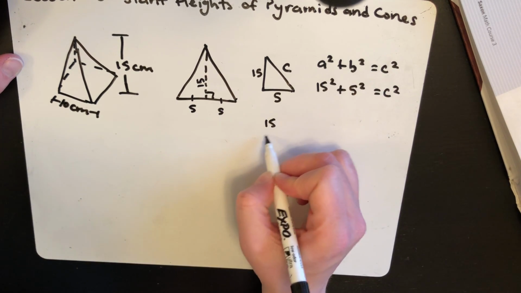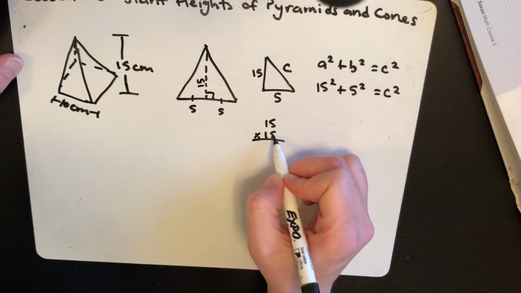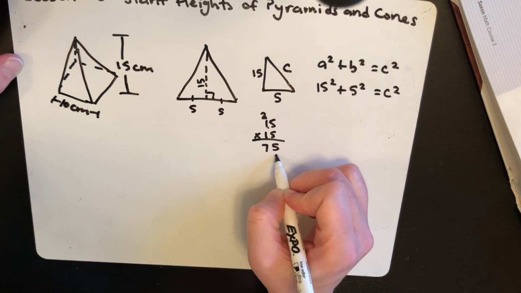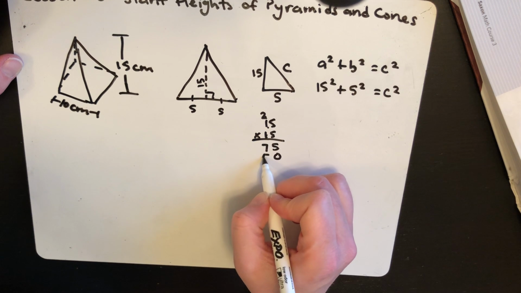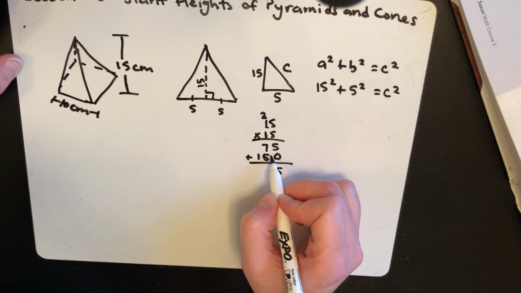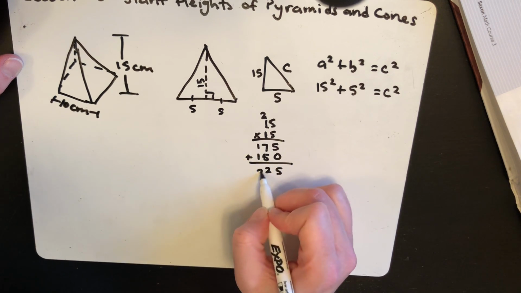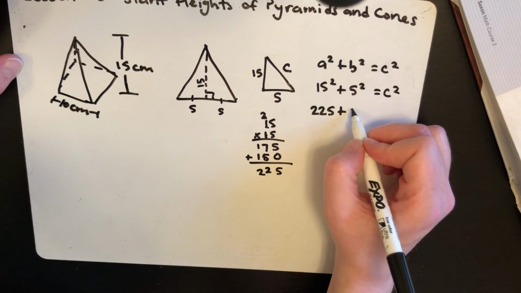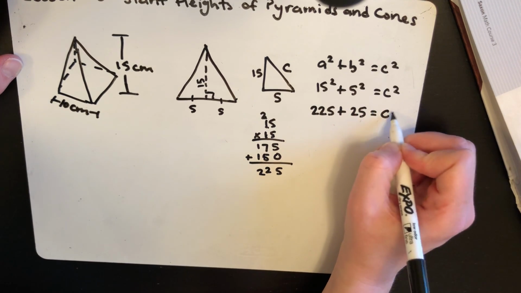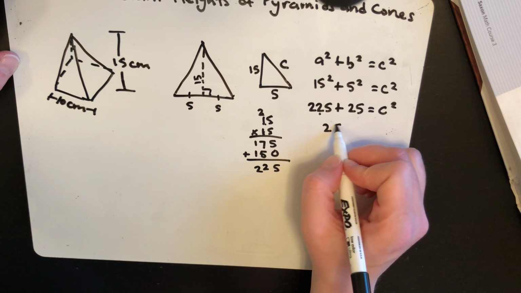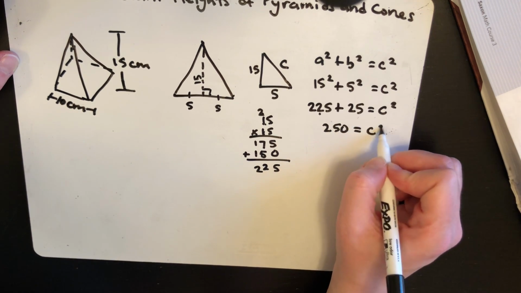Well, I don't know what 15 squared is, so let's do the math real quick. 5 times 5 is 25. 1 times 5, 1 times 1. Add them up, we get 225. So 225 plus 5 squared, which is 25, equals c squared. 225 plus 25 is 250 equals c squared.